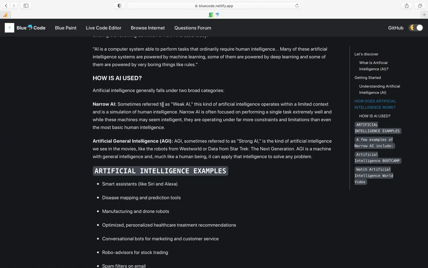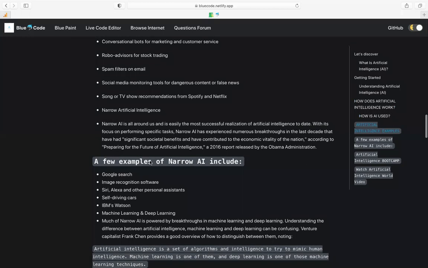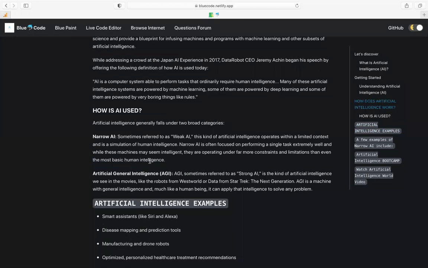Okay, no question. Then we are moving on. Now, artificial intelligence, please note these things down. Artificial intelligence is categorized into two main broad types.